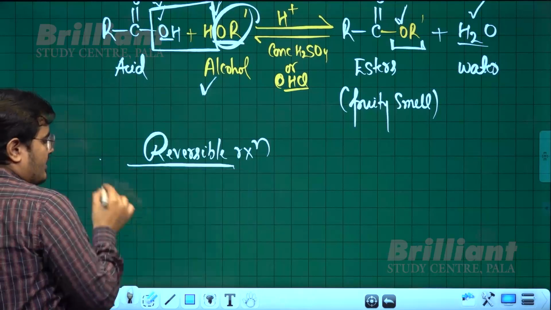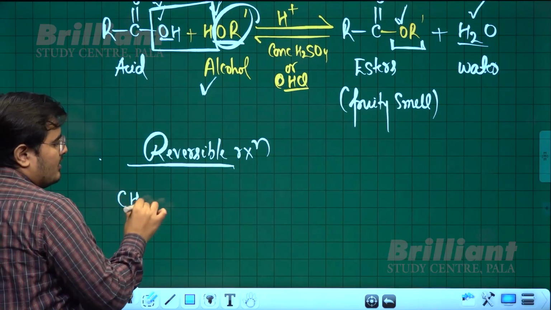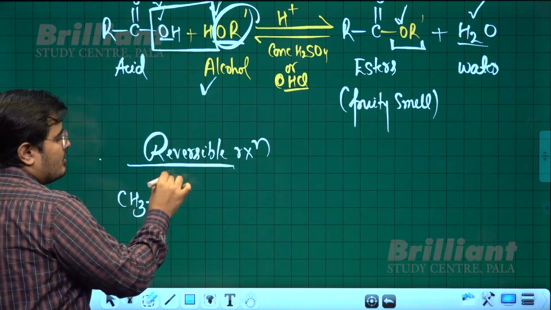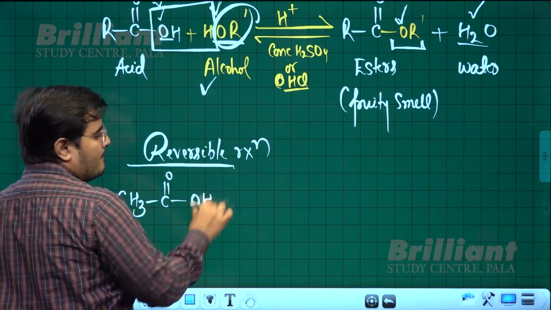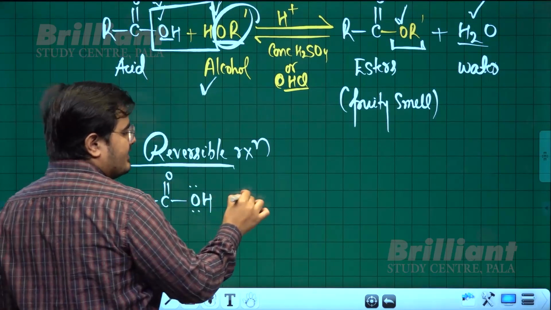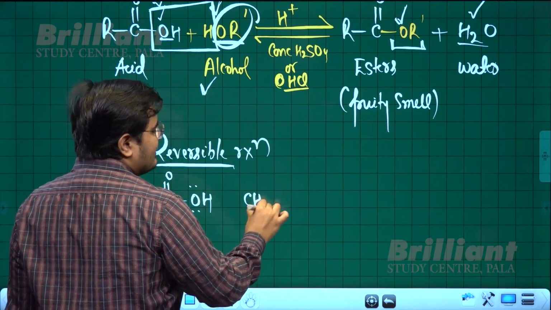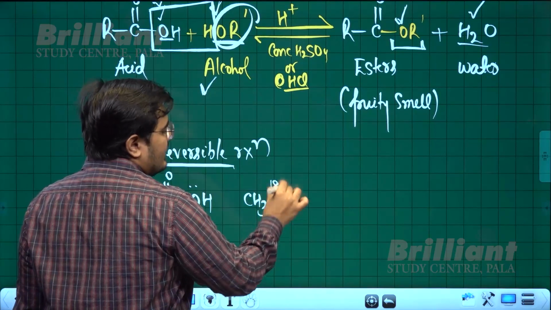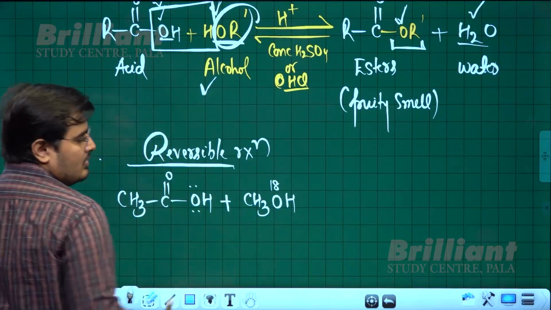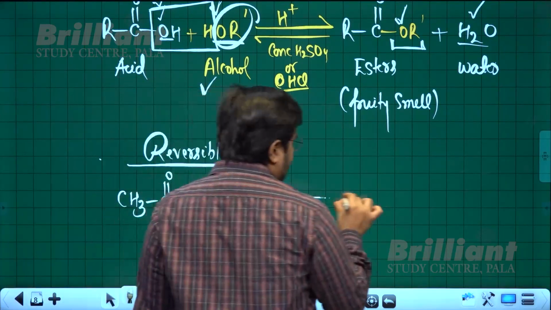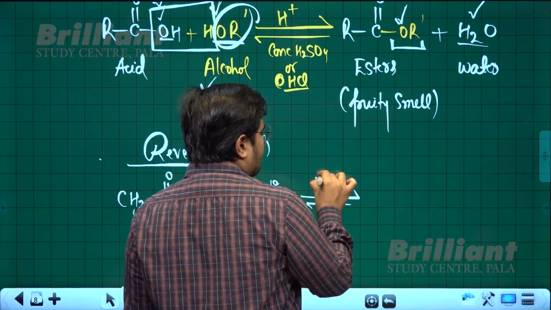So here I can say, if I had CH3COOH, and let's say I had an alcohol which is CH3O18H, I am taking a heavier isotope, and I am doing this reaction in the acidic medium.